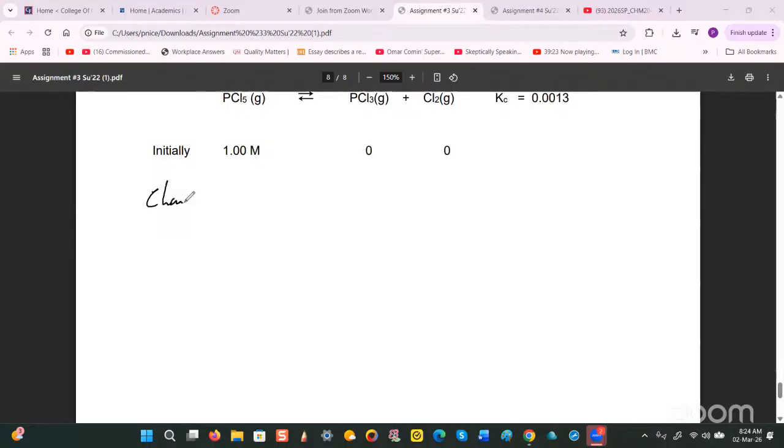All right, and the change here would be, well, the reaction would have to shift in this direction because you're going to need some product in order for the equilibrium to be achieved. So therefore, we know that the change as far as the PCl5 would be negative. So we're going to call that negative X. Here we're going to have plus X, and here we're going to have plus X. And of course, we know these will be plus X in each case because of the stoichiometry of the equation.